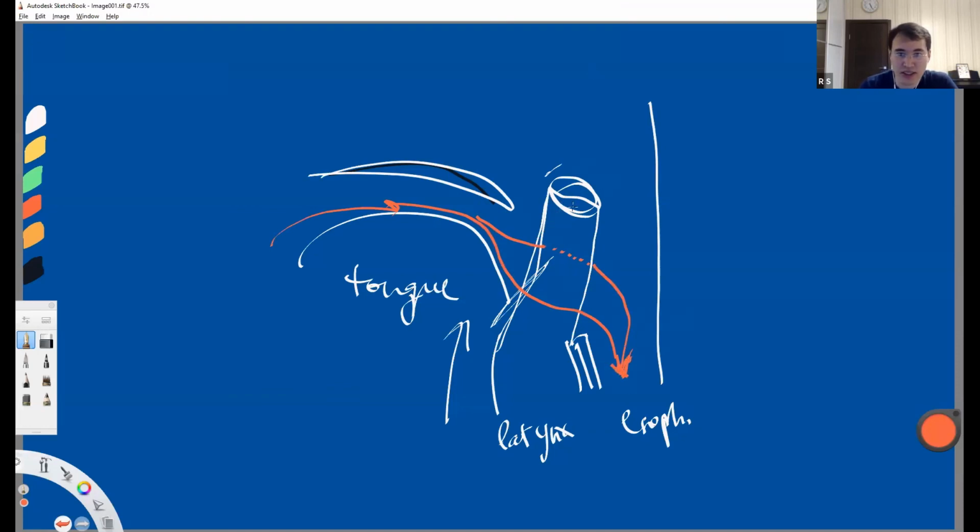But it doesn't mean that the child cannot suffocate, because if the child is being held in this position, so this is the head, and here we have the larynx, and we try to feed the child while they are lying, the milk will easily get inside and then into the lungs.